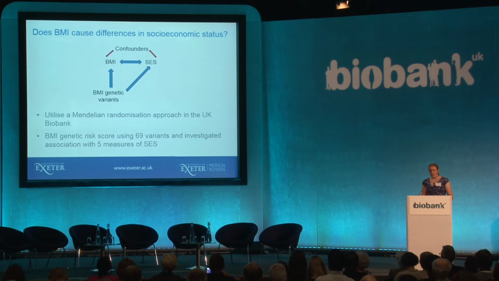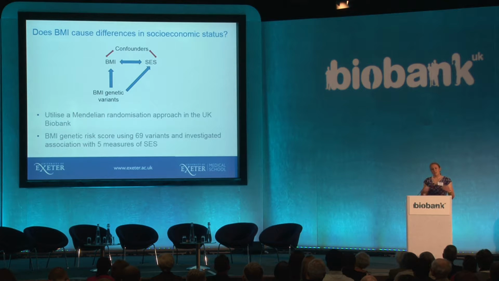So how can we do that? The standard observational epidemiology is really confounded. What that means is there are lots of other factors that can be involved. This is where we can use genetics to try and unpick the causal relationship. If we take BMI genetic variants, those single nucleotide polymorphisms that are robustly associated with BMI, we're effectively splitting our population into people that have a lower BMI genetically or a higher BMI genetically, a bit like if you had a randomized control trial.